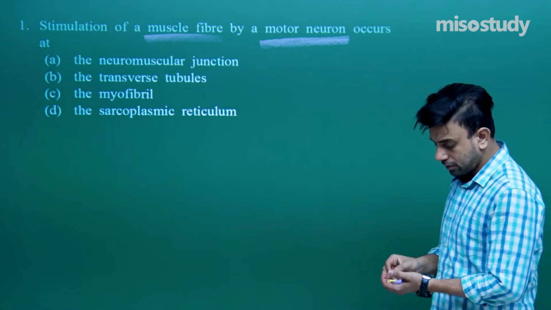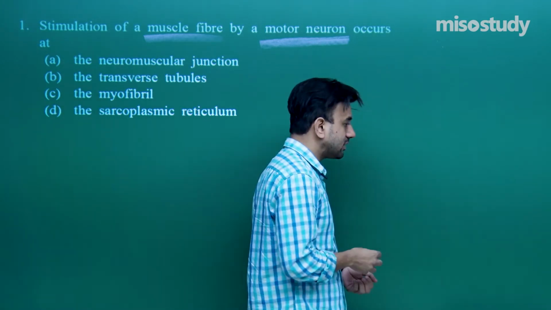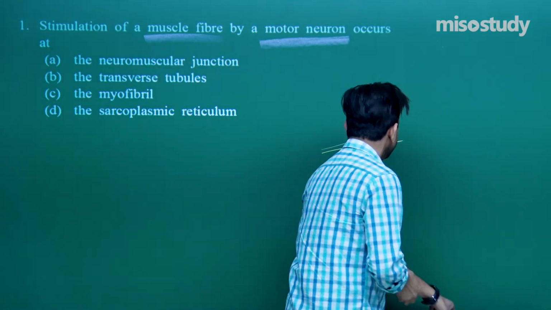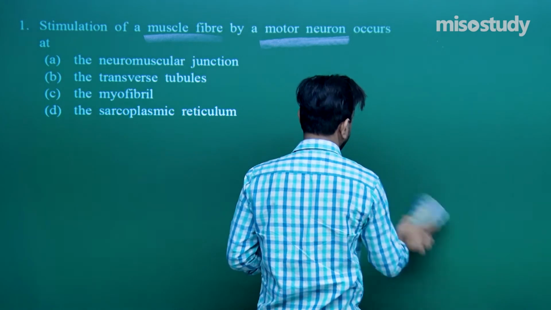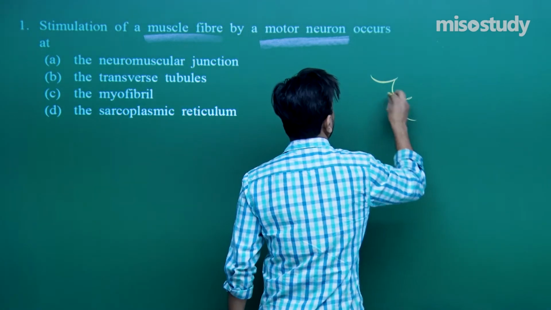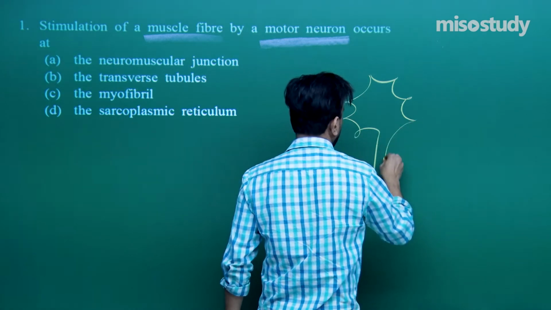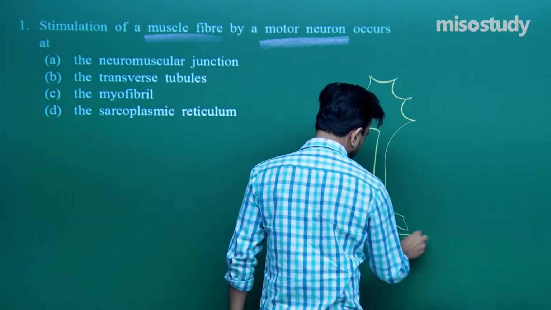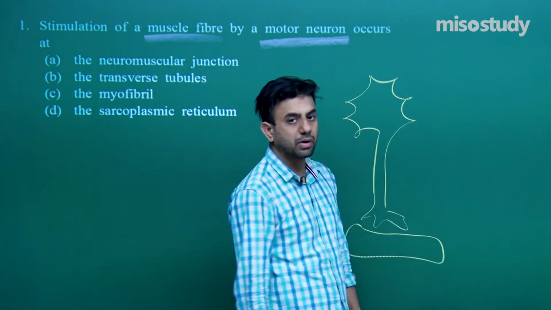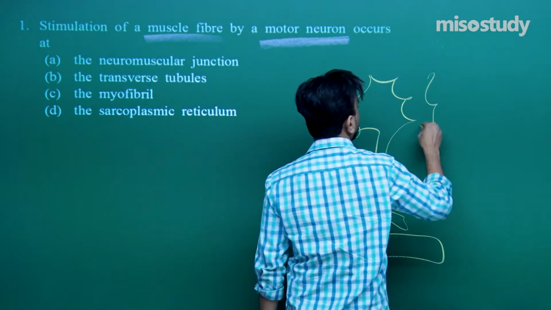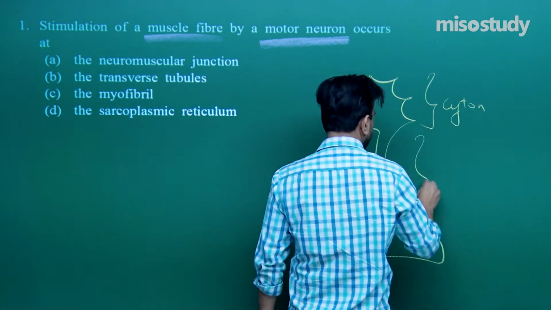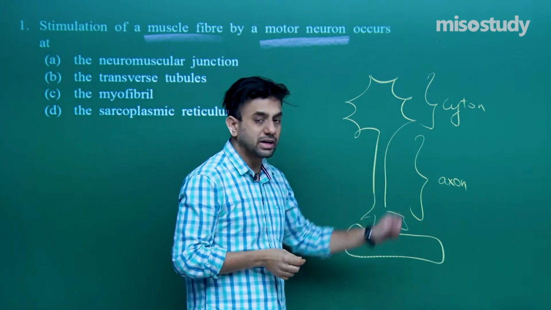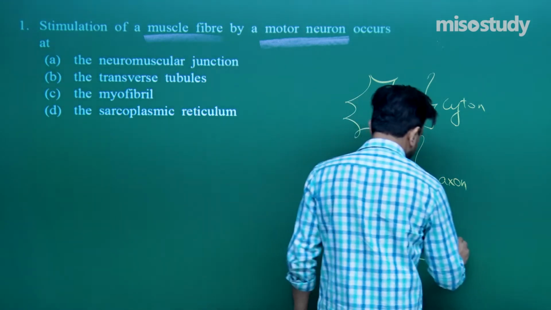We all know that if there is an impulse traveling along a neuron, this is the cyton, this is the axon, and these are the dendrites. So the axonal ending, the dendrites and all that, and this is the muscle fiber.